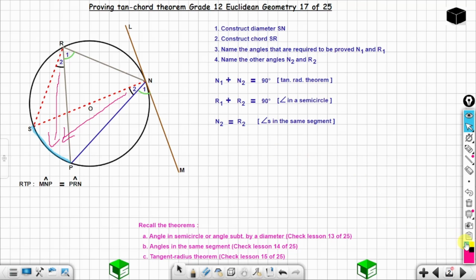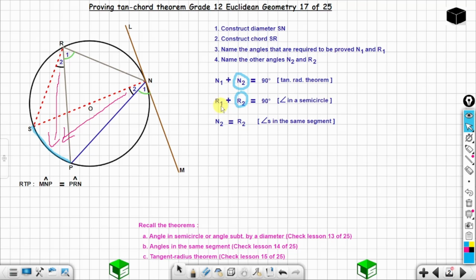Now, from this, N2 is equal to R2. Can you see, since N2 is equal to R2, automatically N1 is equal to R1.